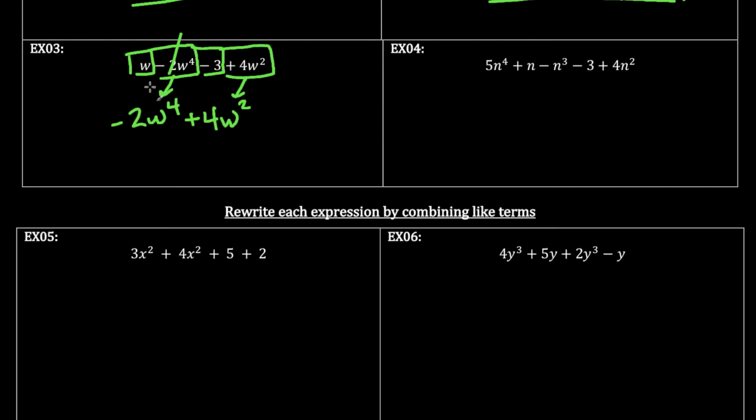And lastly, I'm left with w and minus 3, so the w, which is a positive w, goes next. And then I end with minus 3 with the constant. Remember, the minus 3 is a constant.